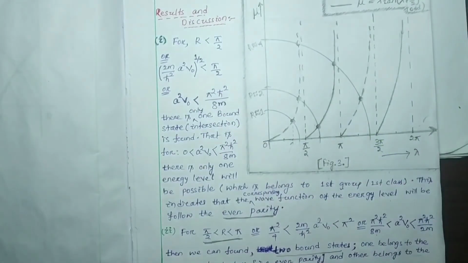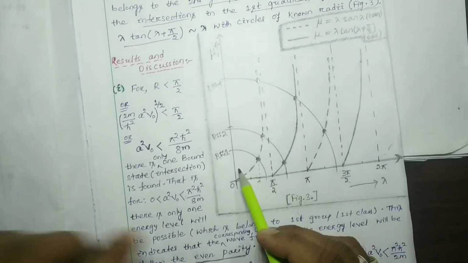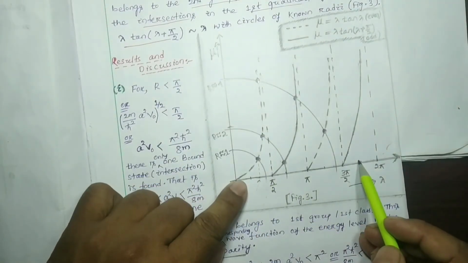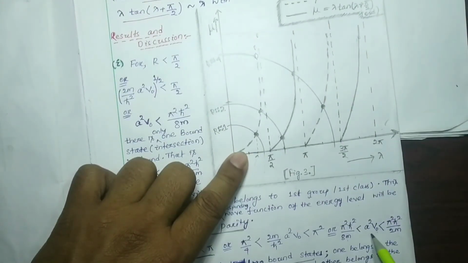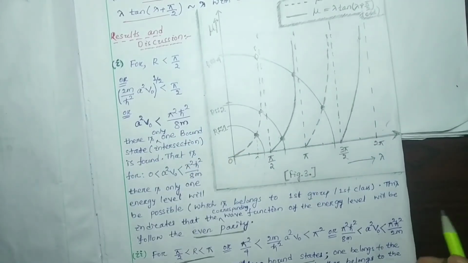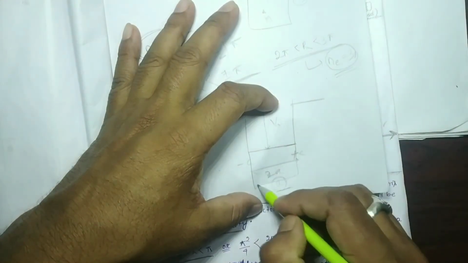Again, if we increase V0, that means A square V0 is increased again. That means the range of the radius is increased again. That means we have to increase V0, the magnitude of the potential.